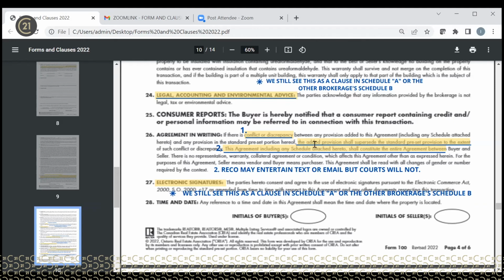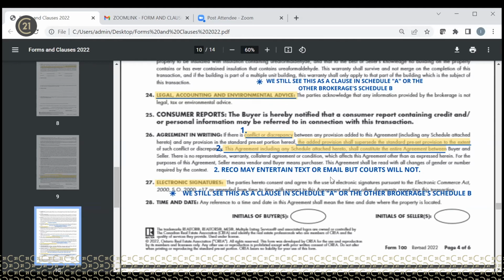It's self-explanatory in there if you go in and read it. So just make sure that if anything coming in a Schedule A or B addresses anything already in the pre-printed forms, you are aware of exactly what that means, because it can nullify the clauses within the pre-printed offer.